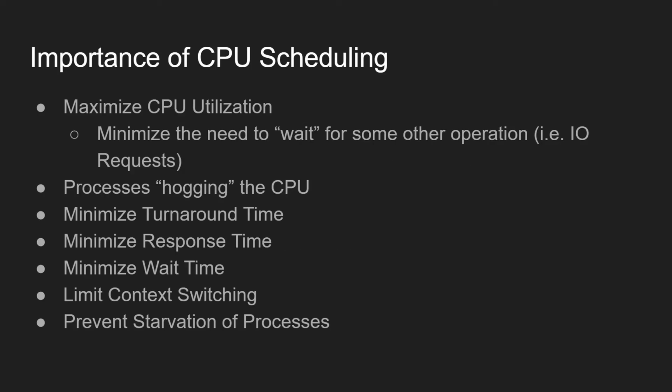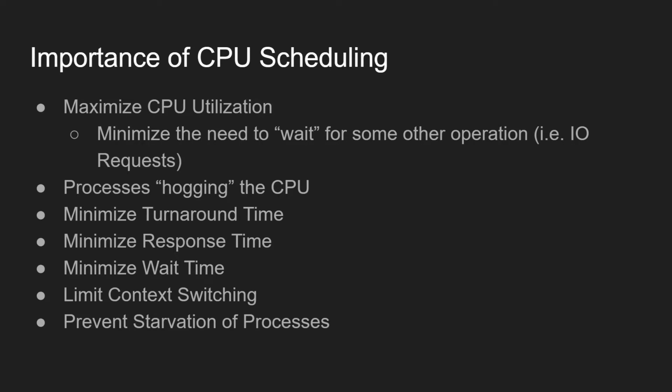So I want to begin this presentation by emphasizing the importance of CPU scheduling. We want to maximize CPU utilization in some way. Basically, we need to minimize the need for wait requests, such as I/O requests or some other operations. Furthermore, we need to make sure that no one process hogs the CPU in any way.